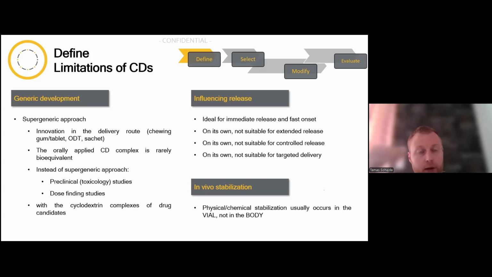Why? Because, as we mentioned, cyclodextrins can influence the solubility, they can influence the bioavailability, the absorption, the permeation, the release profile from the formulation, and all these mean that achieving bioequivalence between a non-cyclodextrin containing and the cyclodextrin containing formulation is extremely difficult.